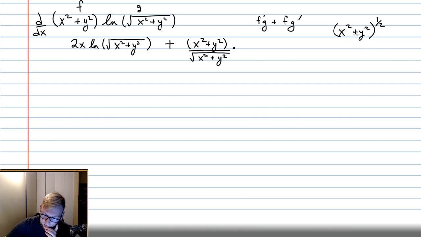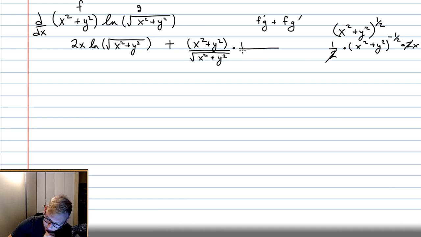And if we take the derivative of this, the 1/2 will come down, 1 over 2 times x squared plus y squared to the minus 1/2, multiplied by the derivative of the inside with respect to x, which is just 2x again. The 2's will cancel out. And this means it's a negative exponent, so it'll be on the bottom.